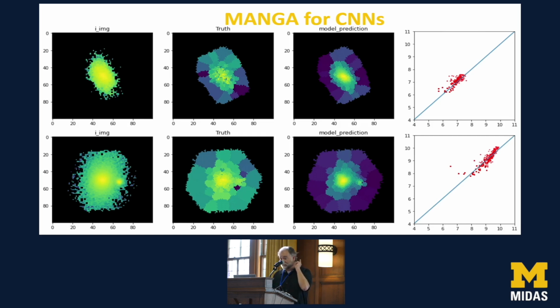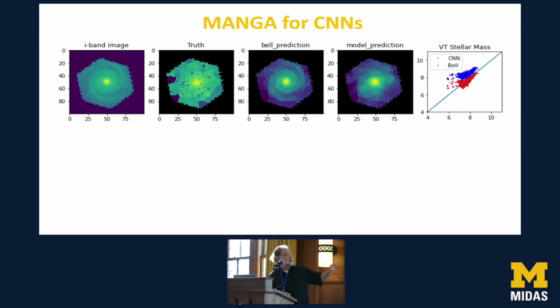So there's some fun stuff that we figured out. If we bring in this thing called the Bell prediction in the third column here, this is that prediction that comes from these very simple linear models from the colors that I showed you at the beginning of my talk, okay? So I go to the pixels, I measure their blue versus red colors, and I compare them, and I make the stellar mass prediction, and I get back a spiral galaxy that looks just like the spiral galaxy I put in, okay?